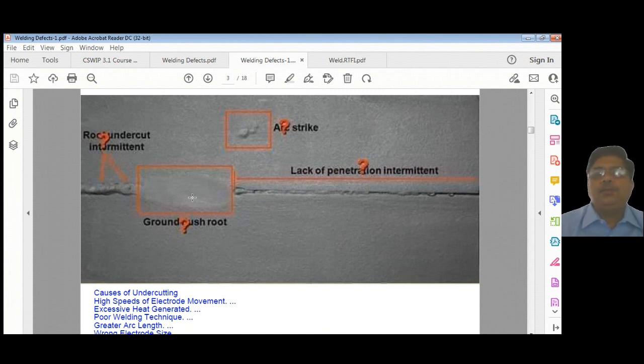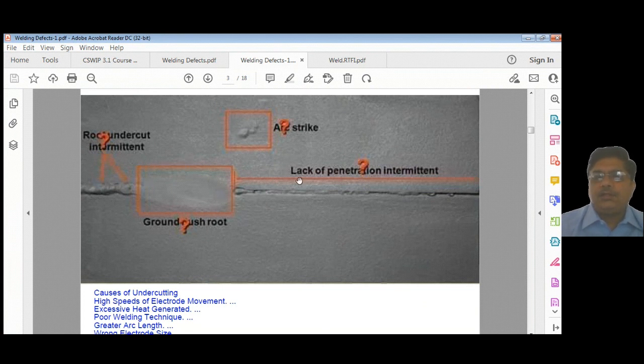Otherwise you will not be able to touch the root, even if it is accessible. If your WPS is approved for single V without backing, then you will not be able to grind the root. So grinding of the root, touching the root, any grinding, chipping is not allowed on the root side.